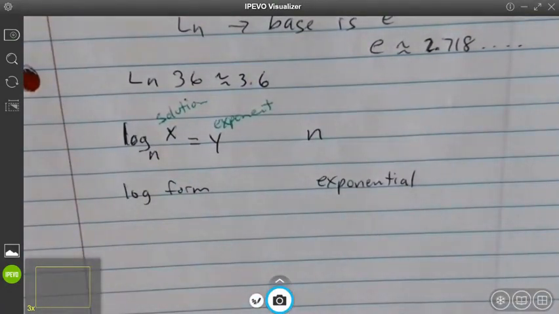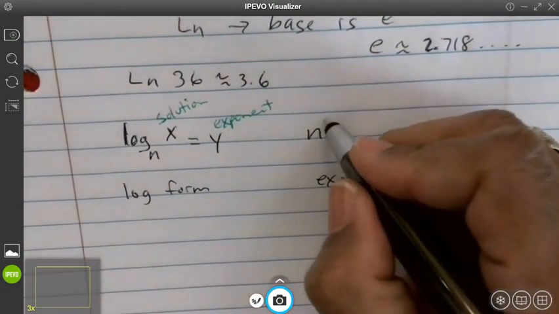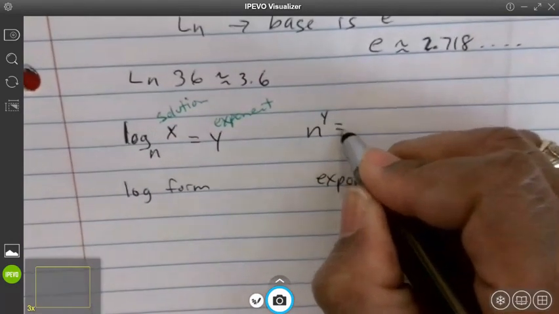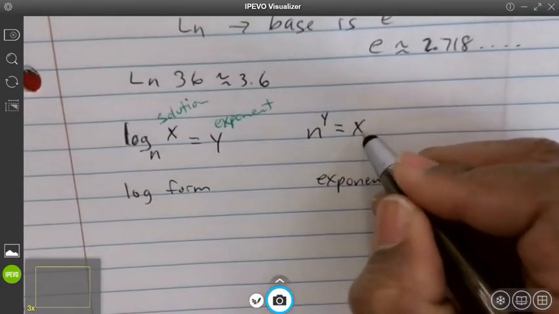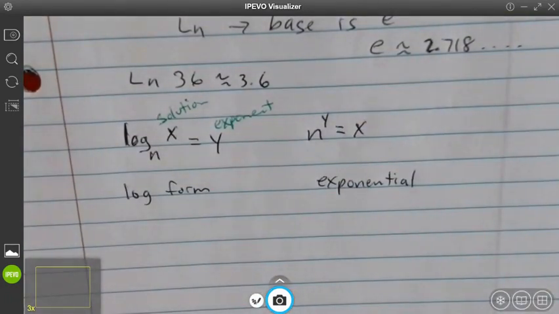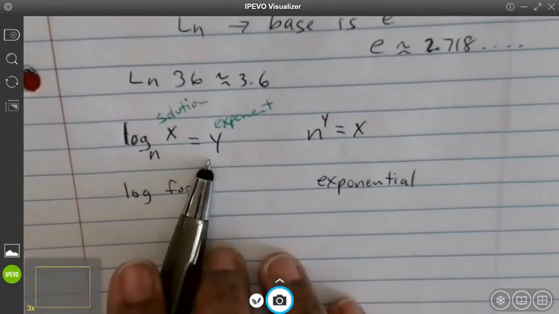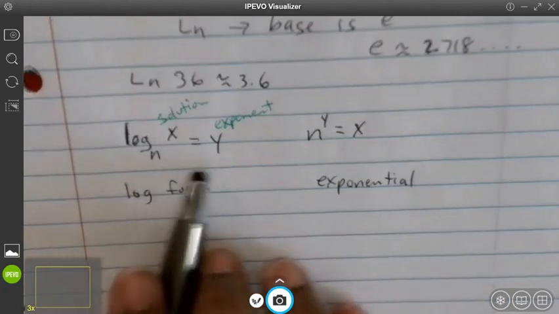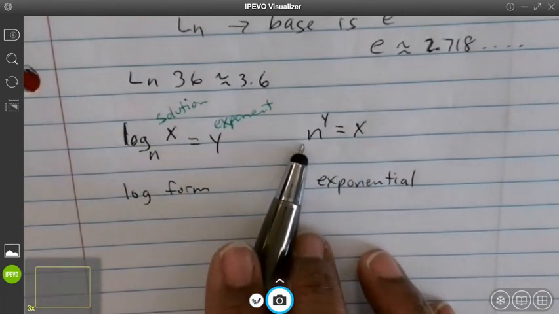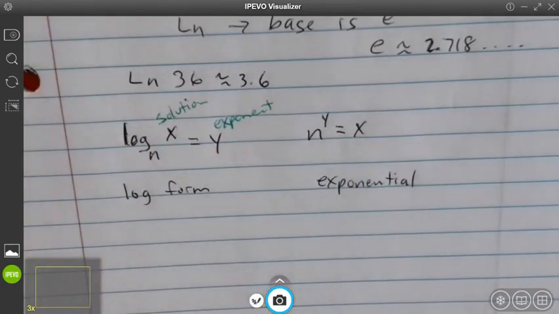So I'll put my base with my exponent equals my solution, the x. Very simply, all you're doing is switching these x and y, and making this base a base in your exponential form.